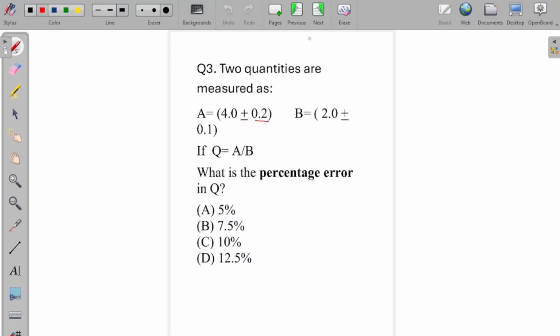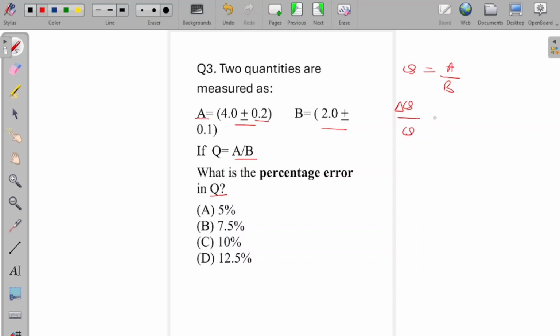Now next question is question number 3. Two quantities are measured as A is equals to this and B is equals to this. If Q is equals to A by B, what is the percentage error in Q? Four options are given. Now here Q is equal to A by B is the expression that we have, and we have to find the percentage error in Q. Whenever we have division or multiplication, this is how we find the expression for relative error.